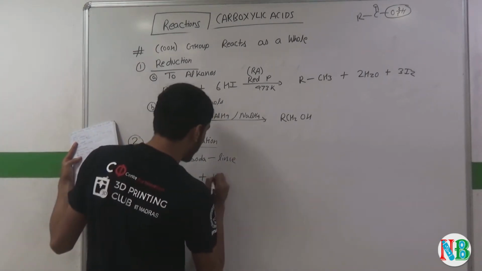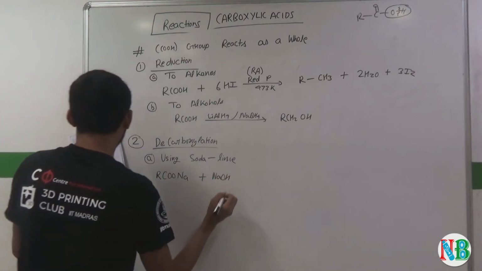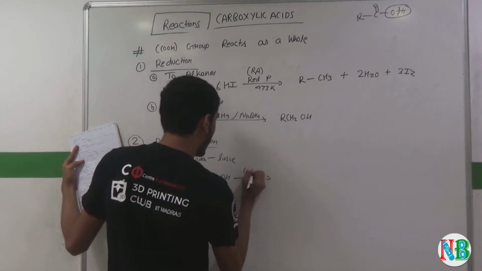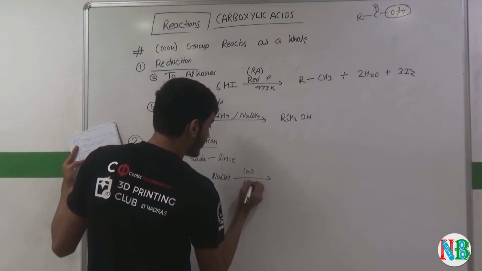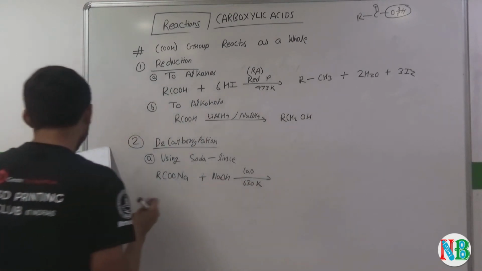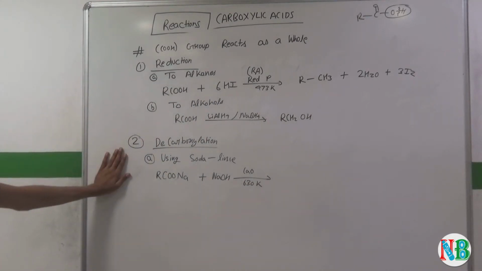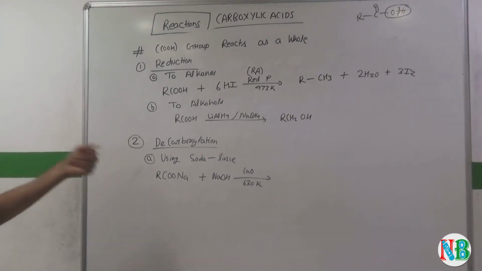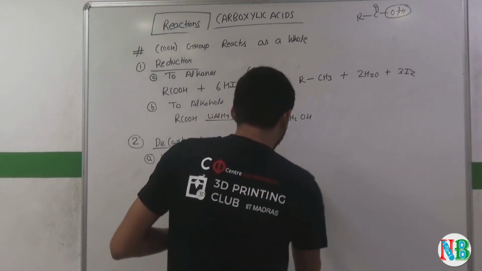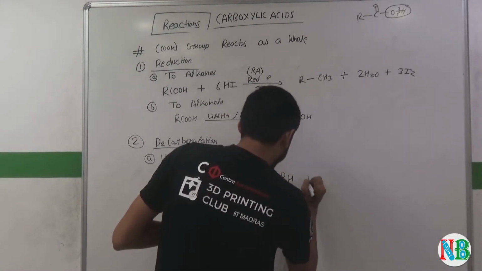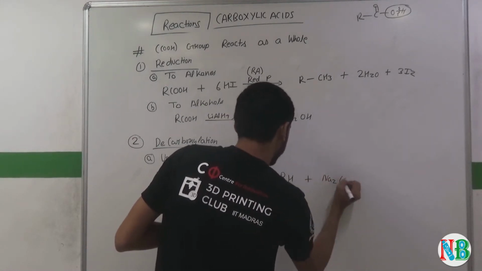You add some NaOH with CaO at a very high temperature, 630K. In this decarboxylation reaction, you have to remove the COO group out of the reaction and it will directly form an alkane, which is RH, and Na2CO3.